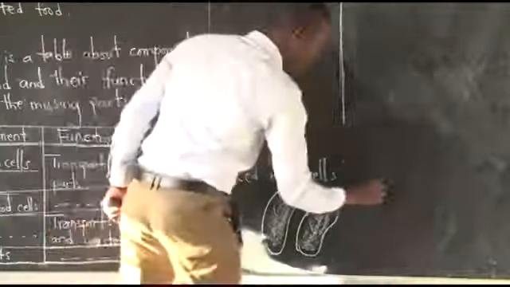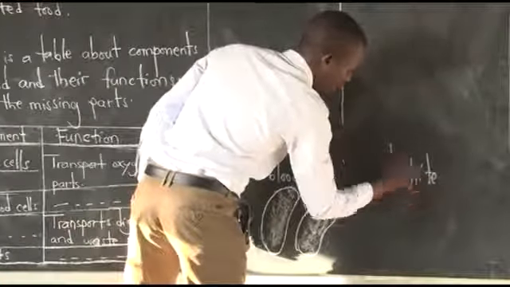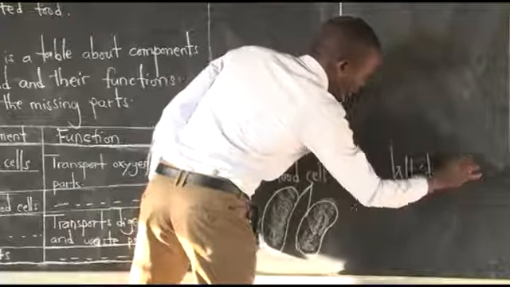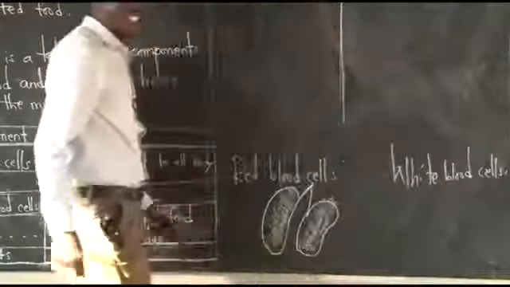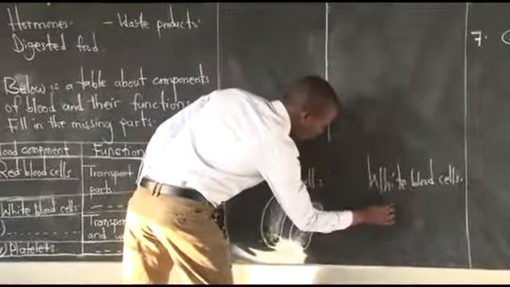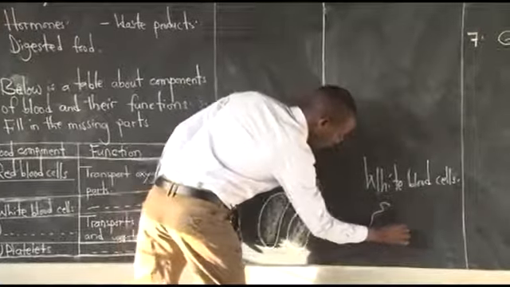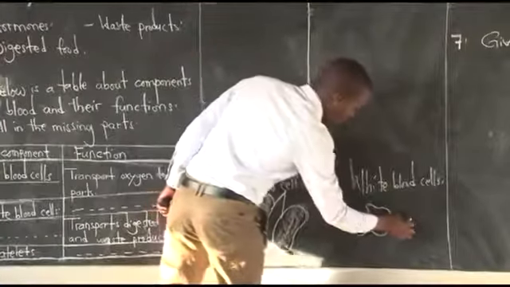Now when you have the white blood cells, you see they have no specific shape. Majorly the shape can change. These are white blood cells.